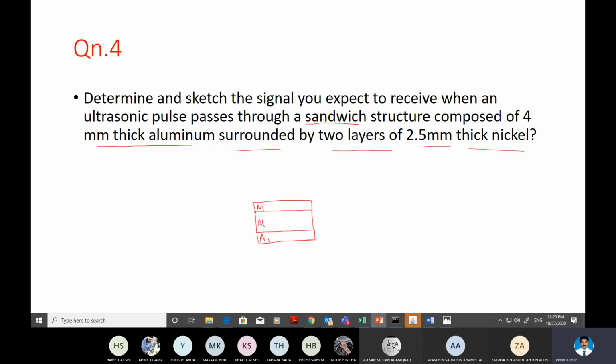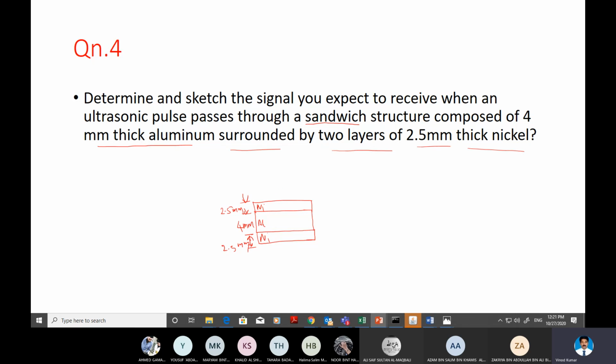Now you know the thicknesses. How much is the thickness of aluminium? 4 millimeter. The thickness of nickel? 2.5 millimeter, here also 2.5 millimeter. So you have all the values now. Now can you determine and sketch in this case? You don't have any other values here.